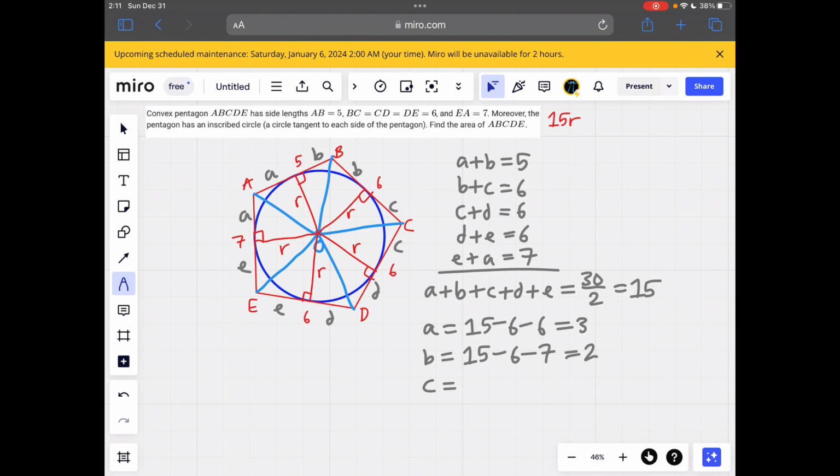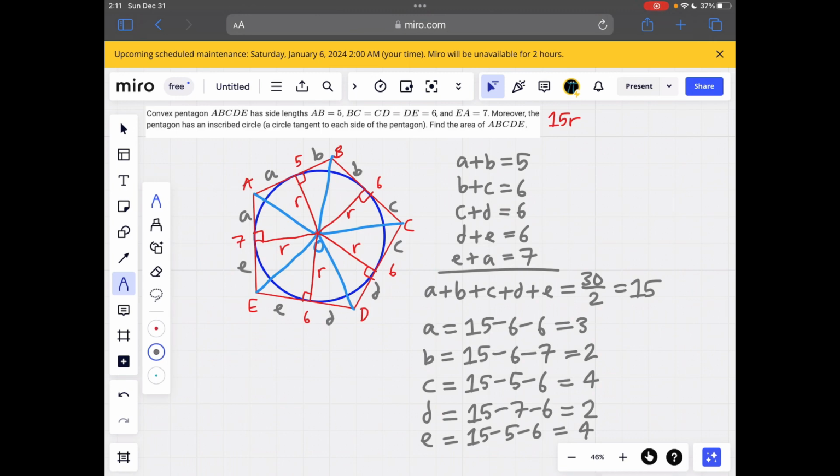Now c is equal to 15 minus a plus b and d plus e, which is 15 minus 5 minus 6, and that's equal to 15 minus 11, which is 4. d, meanwhile, is equal to 15 minus e plus a and b plus c, 15 minus 7 minus 6, which is equal to 2. And finally, e is just equal to 15 minus a plus b plus c plus d, which is 15 minus 5 minus 6, 15 minus 11, which is equal to 4.